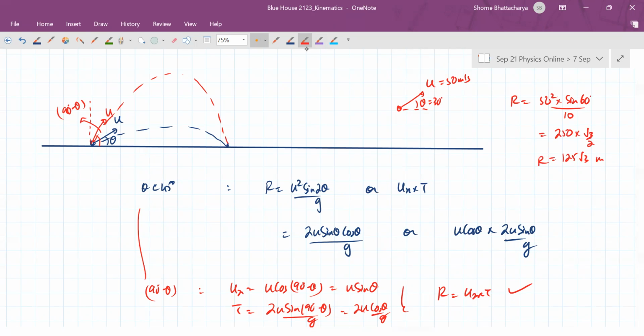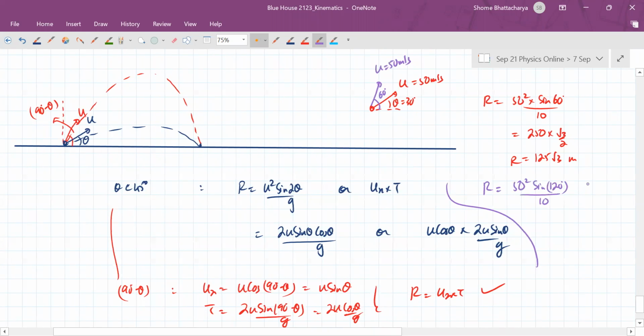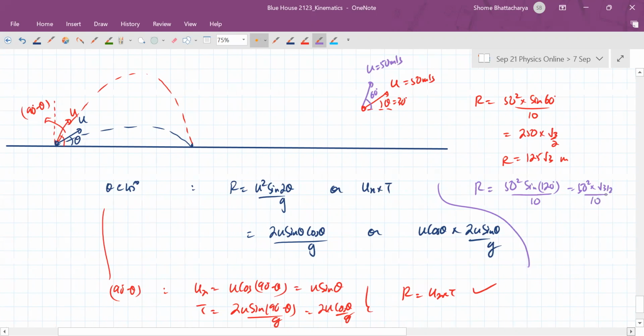Now the same thing, if you project at the same speed u equal to 50 meters per second, but at an angle of 60 degrees, you'll get the same range. It becomes 50 square sine 120, and sine 120 is the same thing as sine 60. So you get the same range.